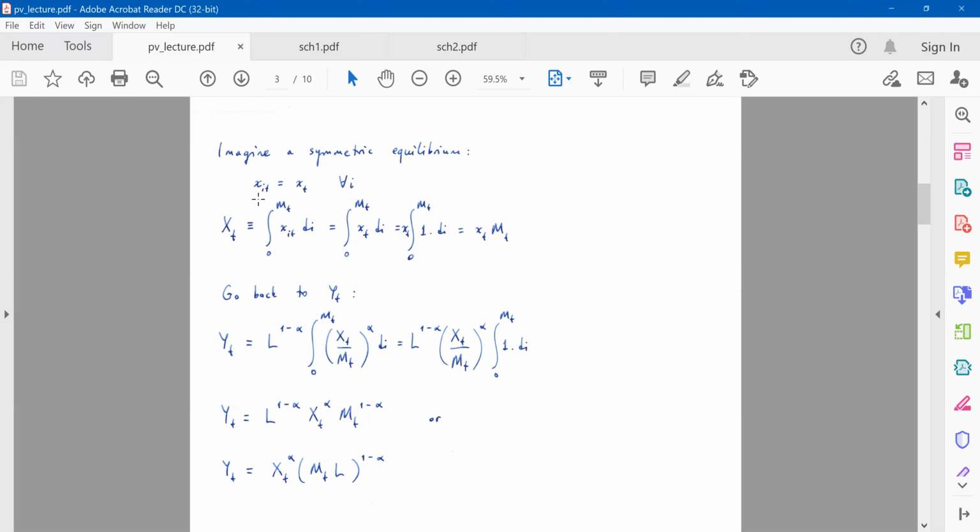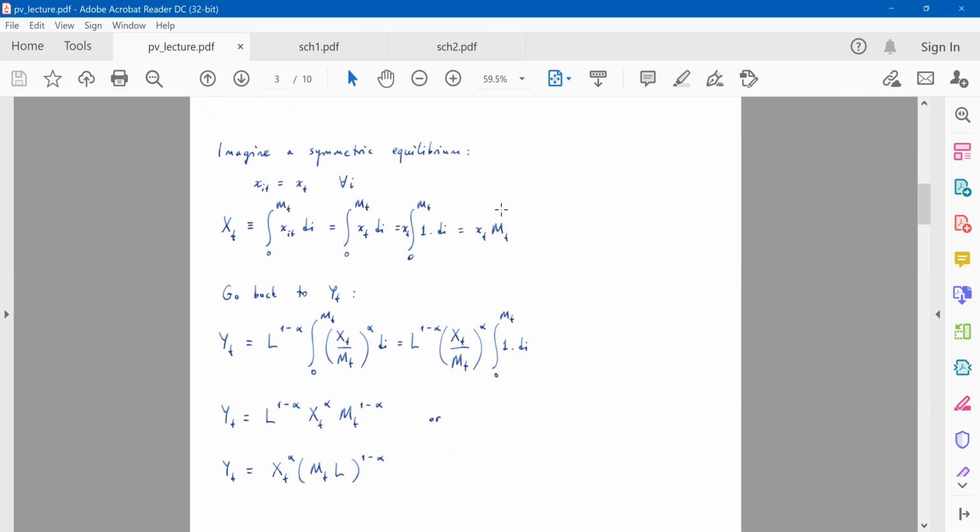So here, if there's a symmetric equilibrium in terms of the amount used from each machine, we can actually arrive at that measure X_t of capital, right? So how do we do that? Well, the total X is defined in this way, right? Under symmetry, we have this, so x_t goes out. Then whatever x_t is, we're gonna determine that.